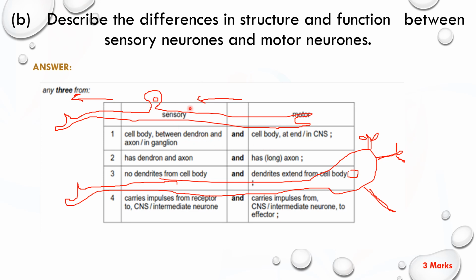Cell body between dendron and axon, or in ganglion. Cell body is at the end, so it has dendron and axon. This one has a long axon. No dendrites from the cell body here, but dendrites are found here. Carries impulse from receptor to CNS or intermediate.